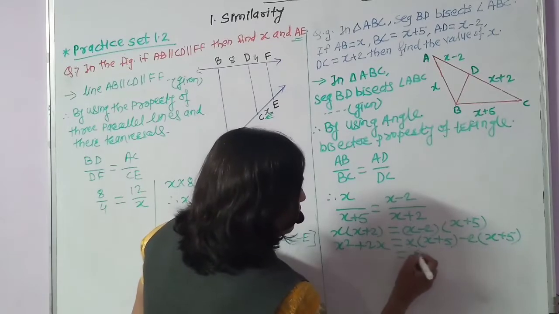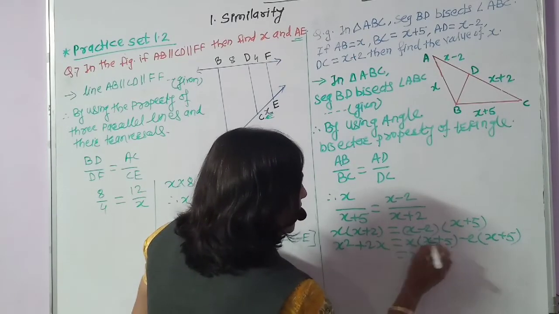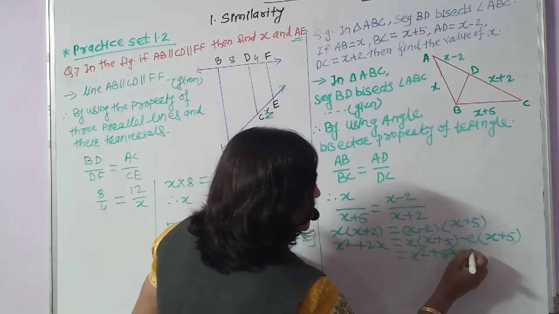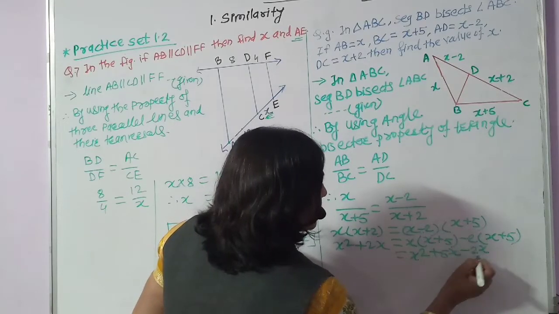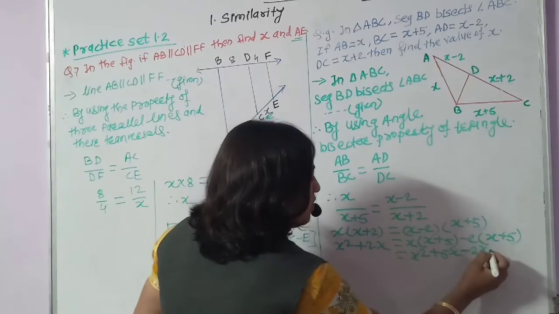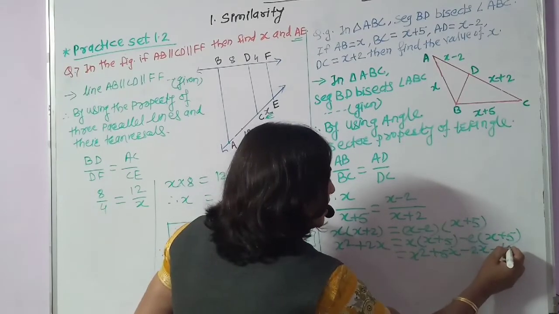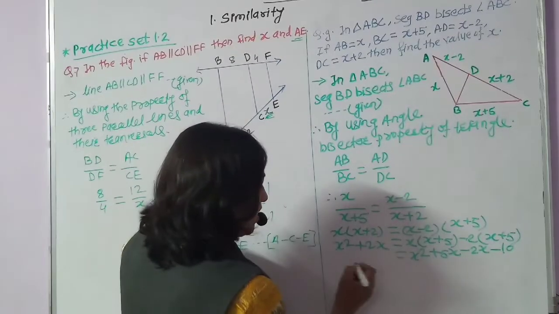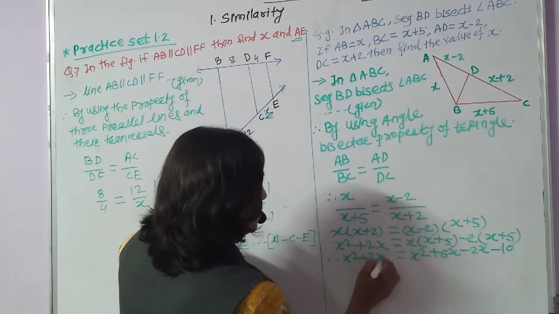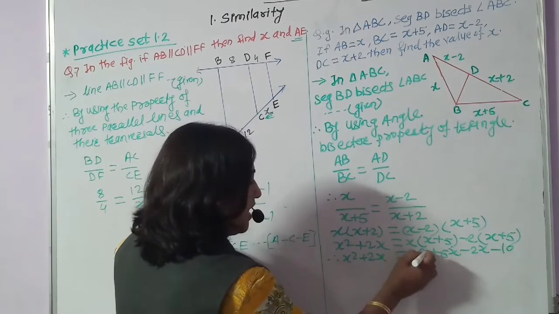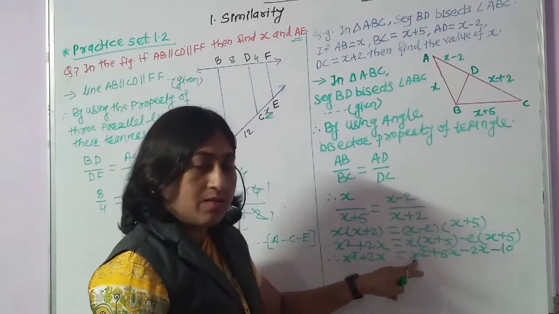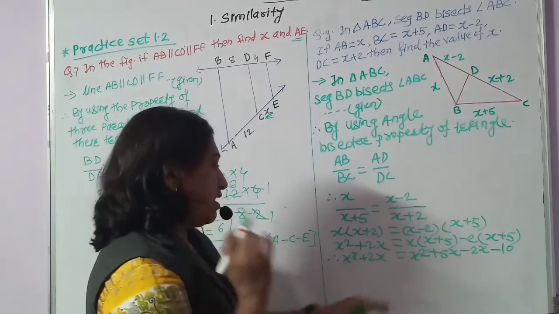We get x into x is x square, x into 5 is 5x, minus 2 into x is minus 2x, and minus 2 into 5 is minus 10. Here write x square plus 2x remains as it is. X square and x square are the common term on both sides, will get cancelled.